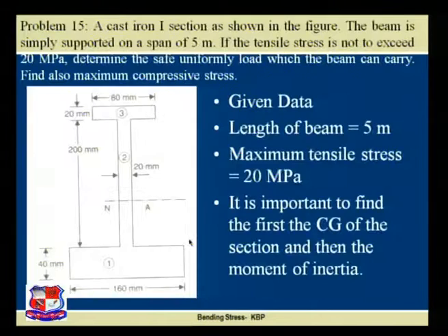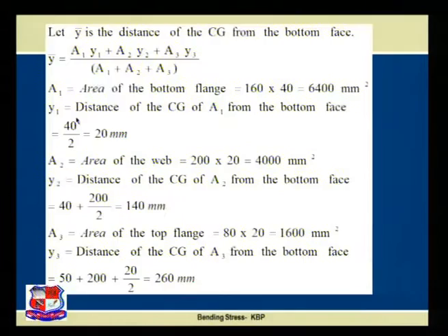The top flange which has been given to us is of 80 mm flange width, 20 mm thickness, 80 into 20, that is the area available to us, and that is 1600 mm square, while y3 is the distance of the CG of area A3 from the bottom face, that is nothing but 40 plus 200 plus 20 by 2, that is 250 mm.